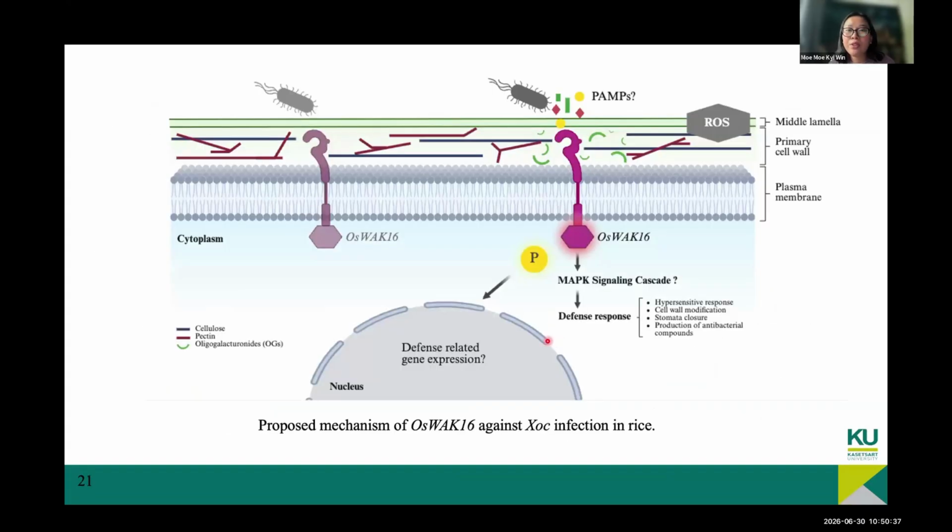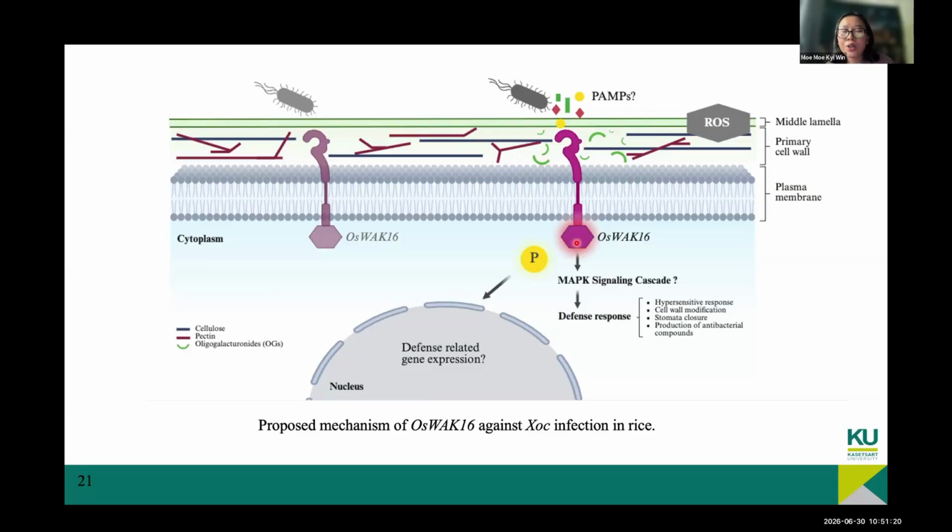When pathogens try to invade rice plants, the bacteria elicit molecules we call pathogen-associated molecular patterns. For example, enzymes like pectinase can degrade the plant cell wall component pectin into small fragments, which we call oligogalacturonides or OGs. This kind of degradation can be sensed by wall-associated kinases. These OGs can be sensed by WEX16, which signals through the transmembrane protein to the serine threonine protein kinase.